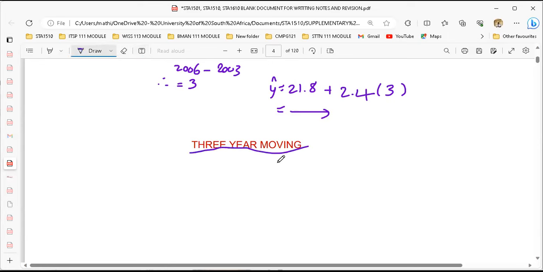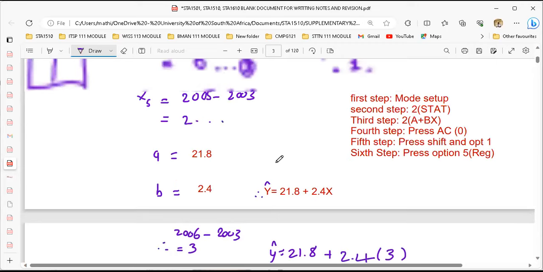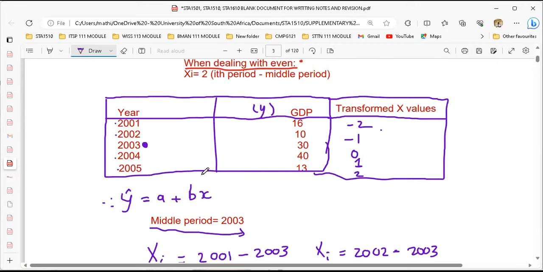Now, if they say calculate the 3-year moving average for the year that corresponds with, let's say, 2004, you have to make sure that this is your middle period for 2004.